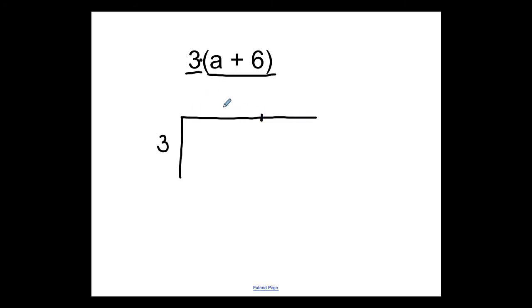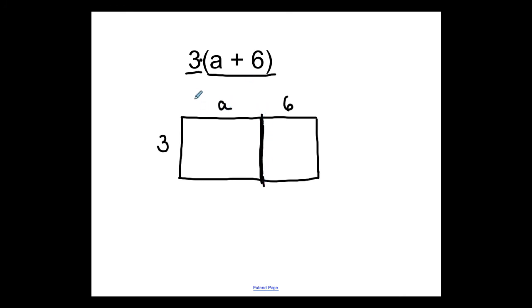One part is going to be A units long, and the other part is going to be 6 units long. A put together with 6 is a length of A plus 6. Then I finish my rectangle with opposite sides being the same length and also having the same markings.